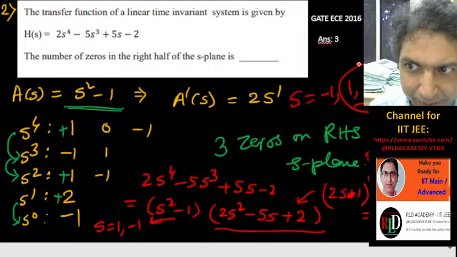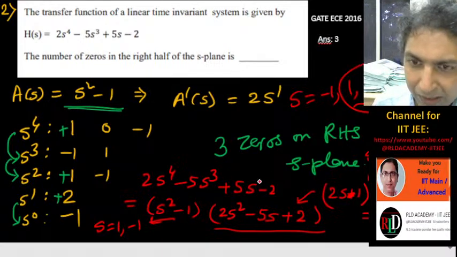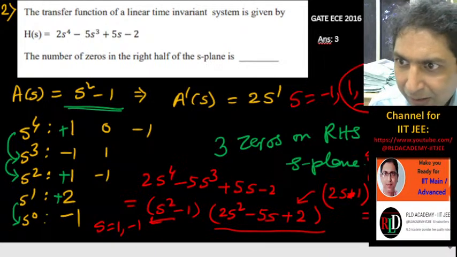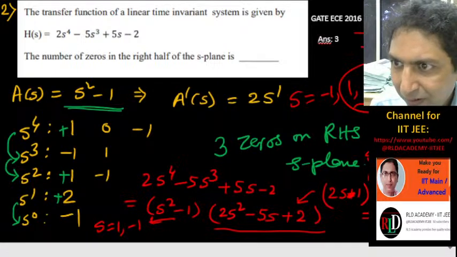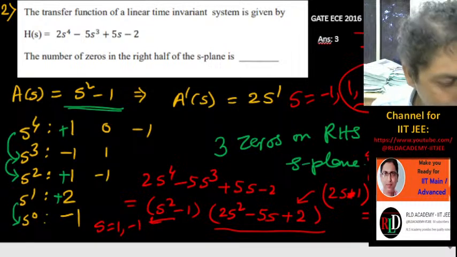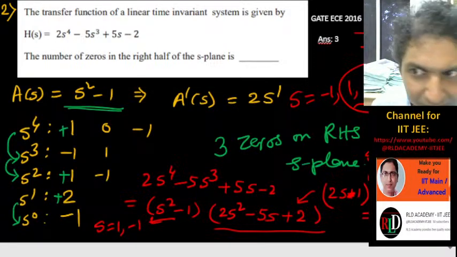Now here we are having 3, because you can see I have a zero at minus 1, another one at plus 1, another at plus 2, and one more zero at half. These are the 3.